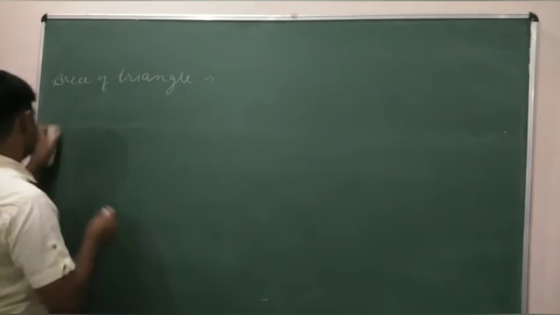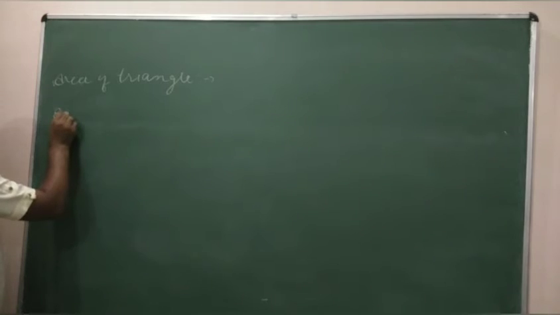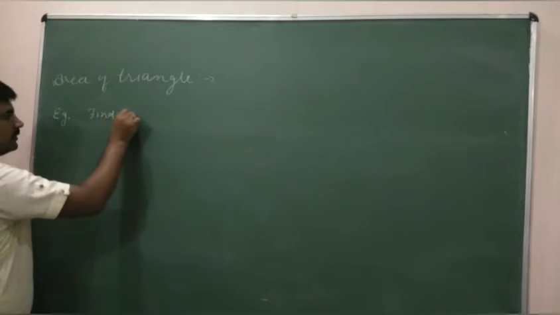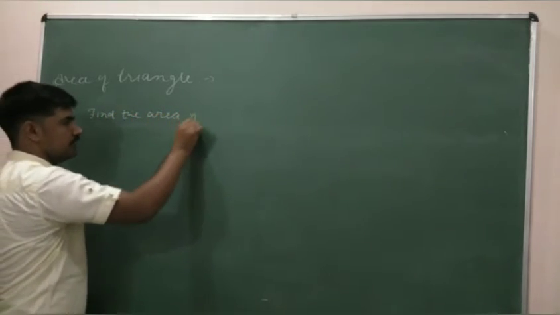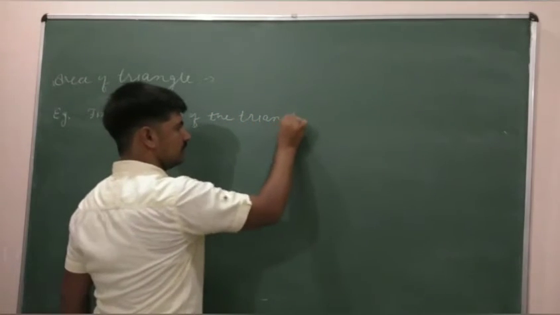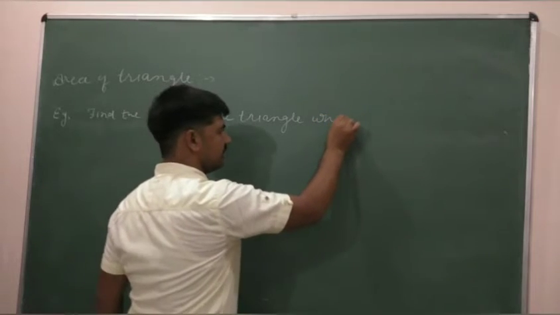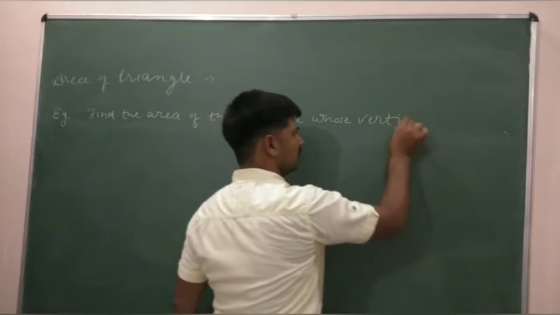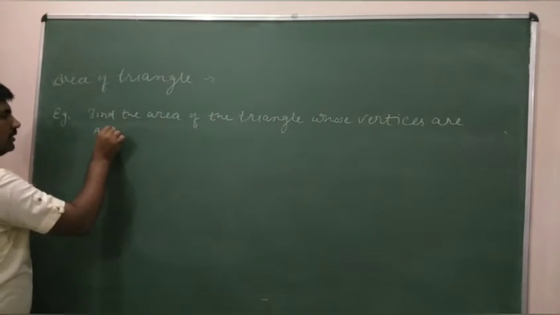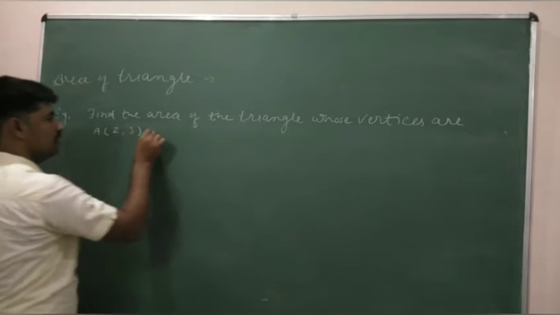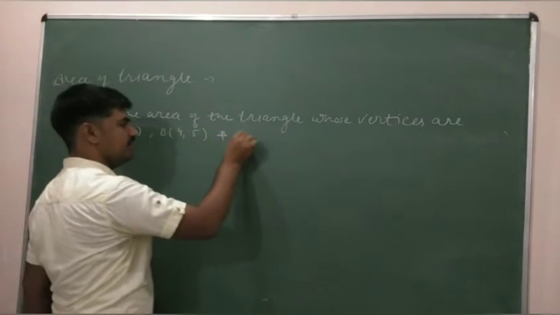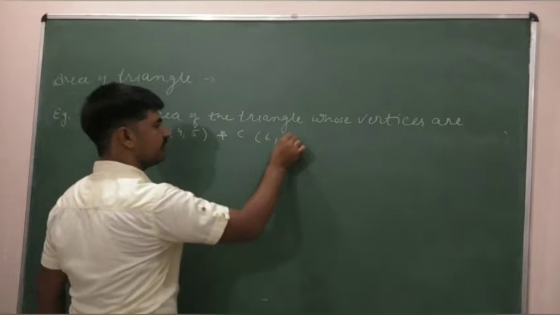Now let us take the example, and the example I am taking is: find the area of the triangle whose vertices are A (2, 3), B (4, 5) and C (6, 4).